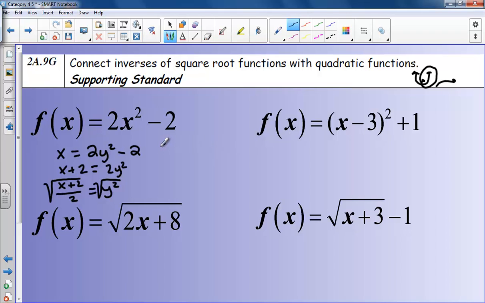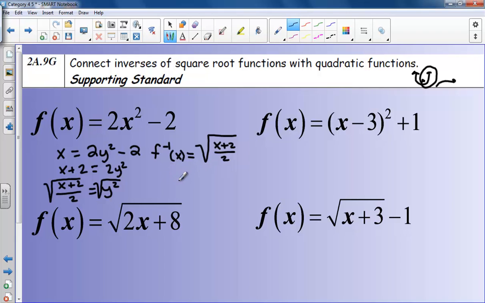So what I get here is that my inverse, I'm going to use the inverse notation that you'll probably see, f negative 1 of x, is everything under the radical in this situation. X plus 2 over 2, or that could be 1/2 x plus 1, if you wrote it that way.